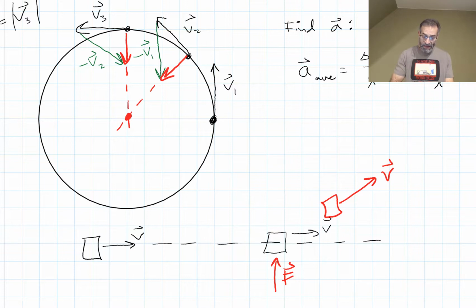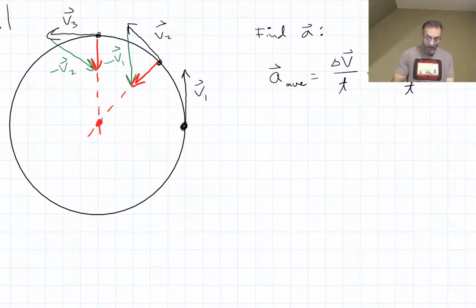I can only change the direction. And I can't change the direction by pushing parallel to the velocity. I can only change the speed. So if I have an object that's moving in a circular path with constant speed, my force has to be perpendicular to its path, has to be perpendicular to the tangent line.